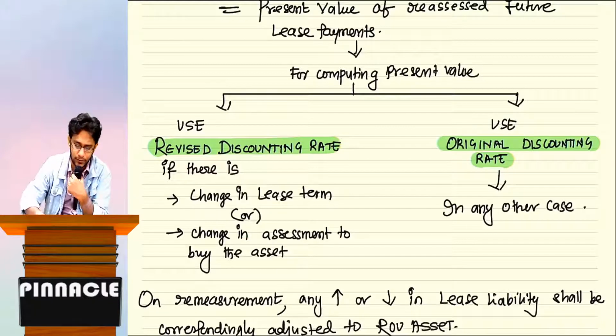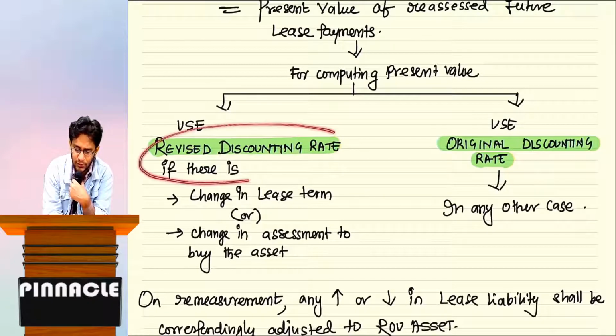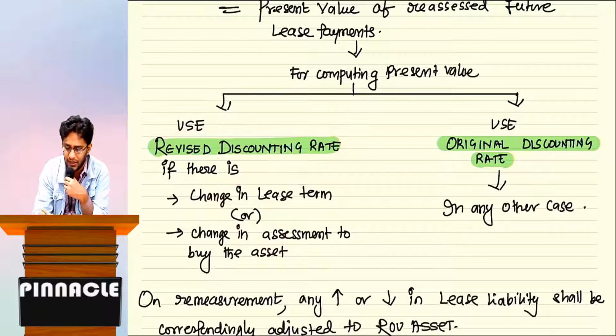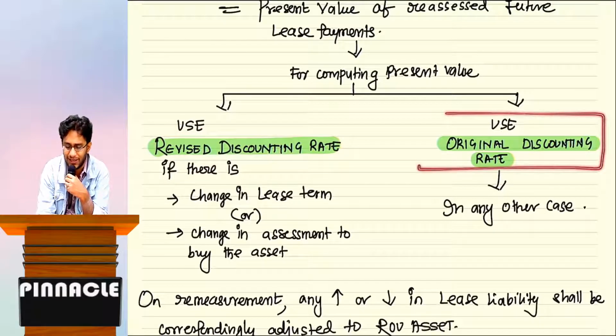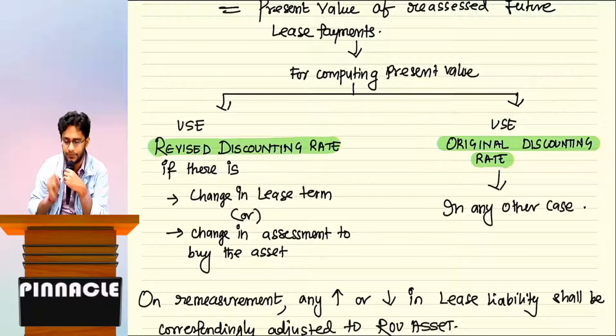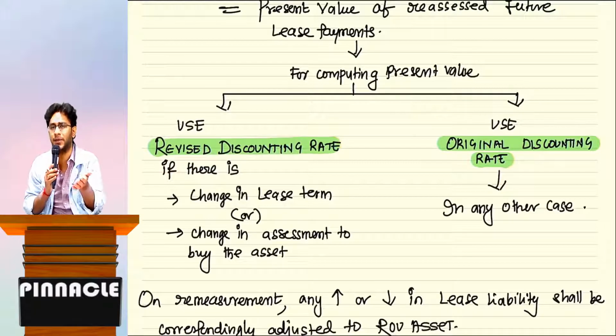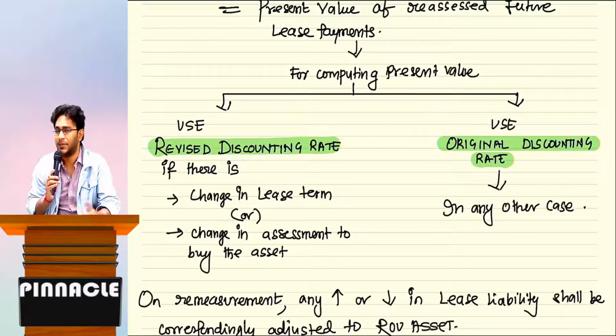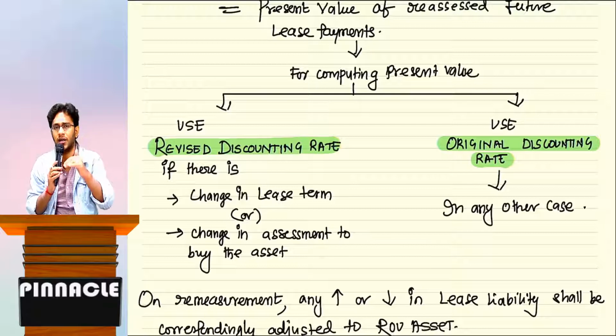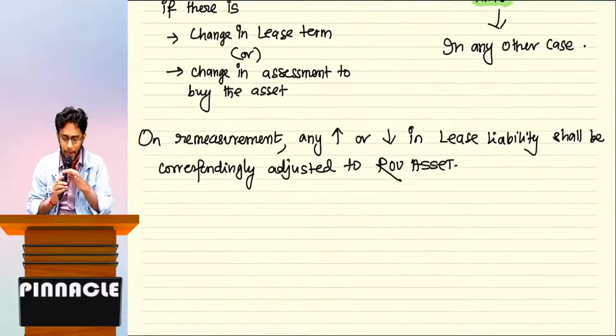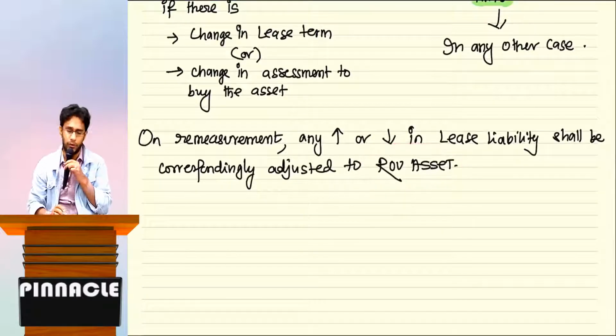In these two cases, the revised discounting rate you have to use. In any other case, whatever original discounting rate is there, the original IRIL or IBR, whatever you are using, that only will continue. So lease liability will be updated. Update means either lease liability will increase or it will decrease. The corresponding effect you have to give to the ROU asset.